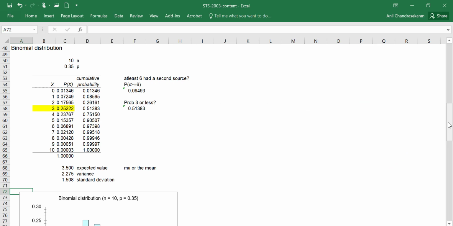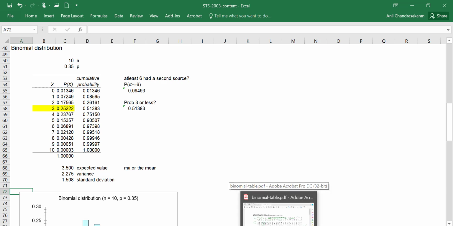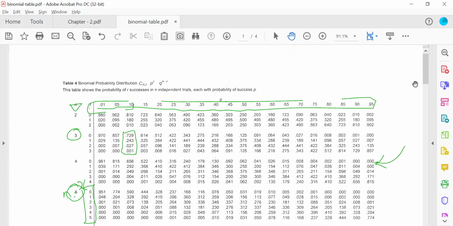It's the same thing when I use MegaStat for this previous example that we used for n is equal to 10 and 0.35. We had the distributions listed down. So MegaStat gives you the entire possible list of all values. Let me just show you the corresponding value for 10 in the table.